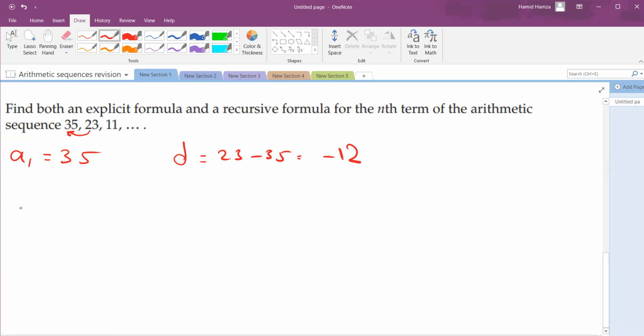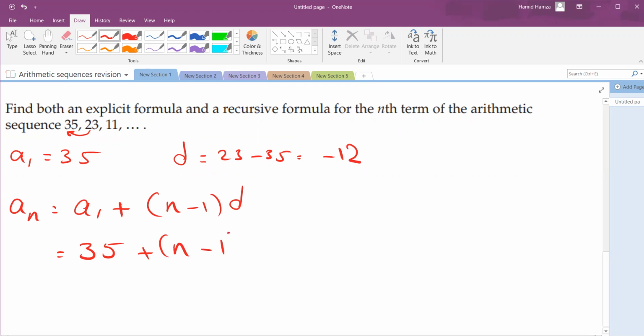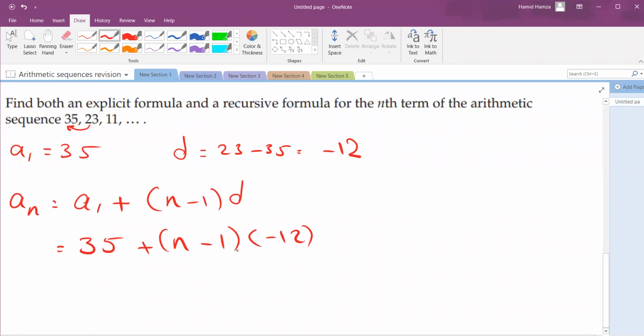Okay, so an equals a1 plus n minus 1 multiplied by d. Substitute a1 and d, so it will equal 35 plus n minus 1 multiplied by negative 12. We multiply negative 12 by both of these two, so it will be 35 minus 12n plus 12.